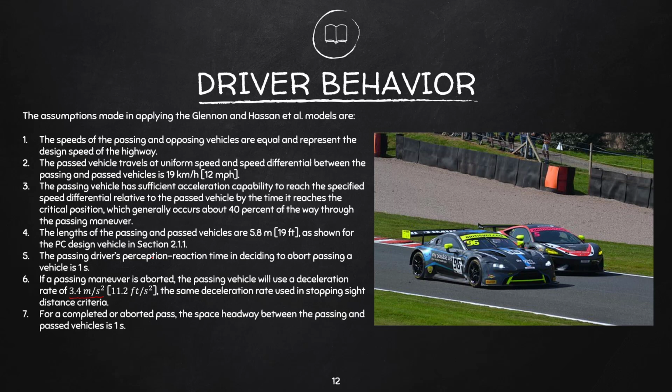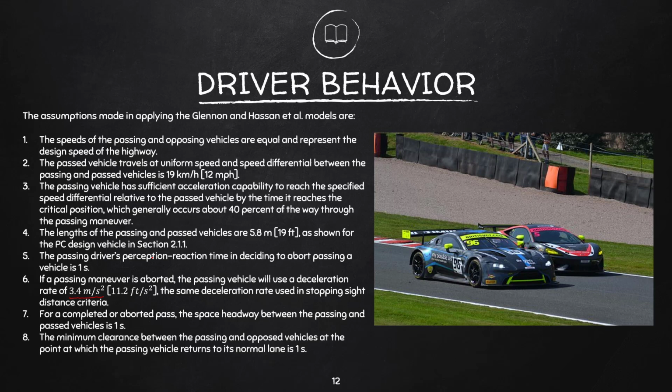Seventh, for a completed or aborted pass, the space headway between the passing and the passed vehicle is 1 second. And last, the minimum clearance between the passing and the opposing vehicles at the point at which the passing vehicle returns to its normal lane is 1 second.